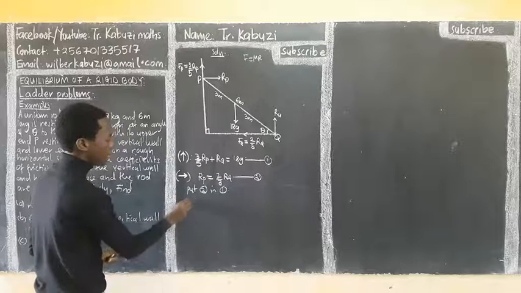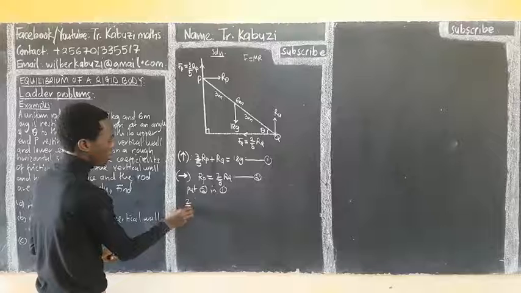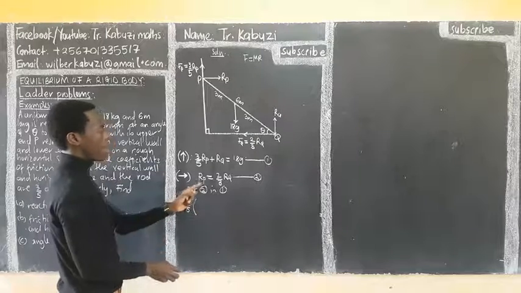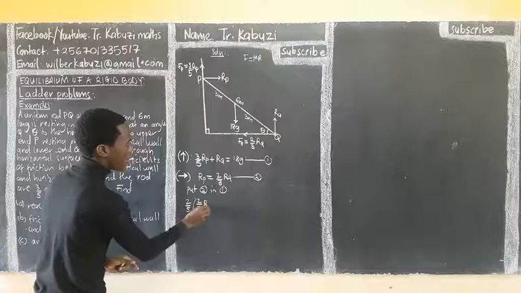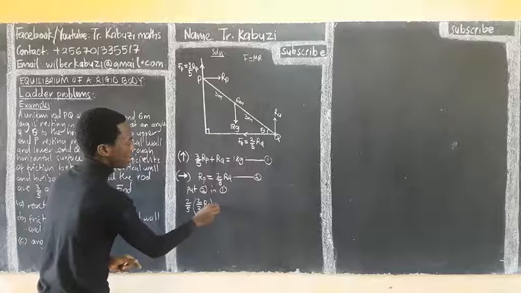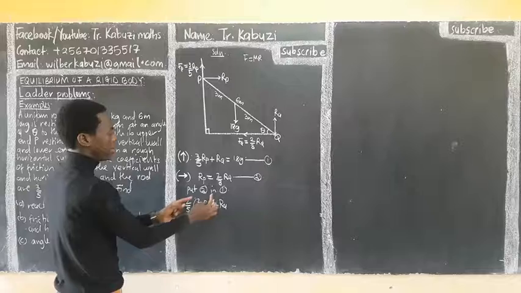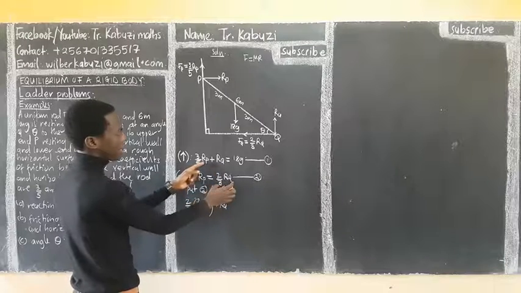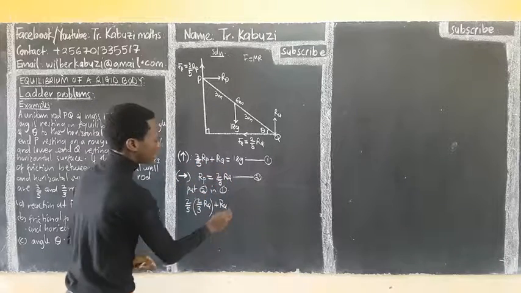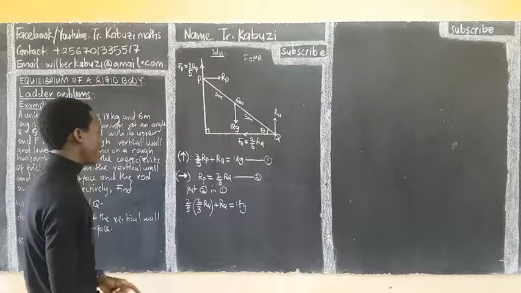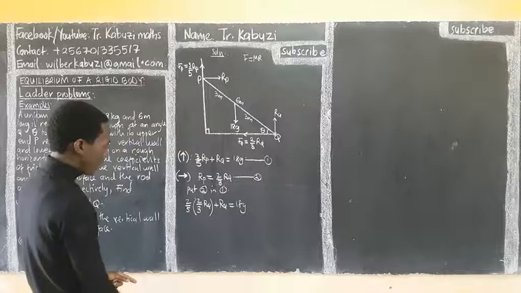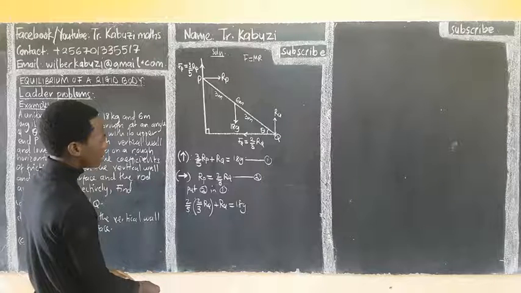So now I'm going to say now 2/5. Now, my RP is 2 over 3 RQ, then plus RQ. I'm putting this in here, RP is here, then RQ is equaling to 18 g. So from there, sorry, this was what?